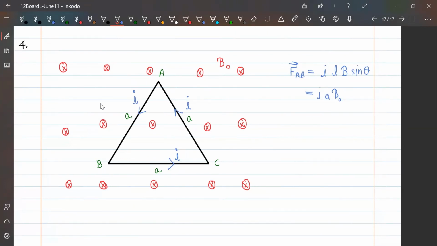What's the angle between the current and the magnetic field? Sir, are they perpendicular? Yeah, they are perpendicular. So I'll write sine 90 degrees.